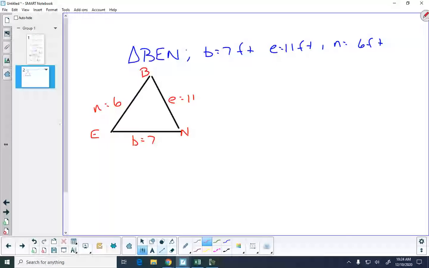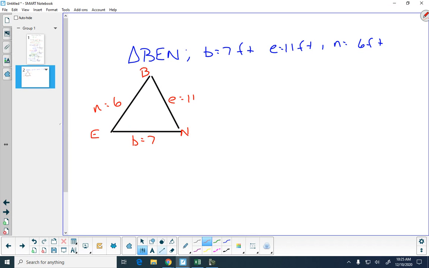And we want to calculate angle B and angle N. Well, to be able to calculate the angles, if I know all 3 sides, the only thing I could do is use my law of sines or law of cosines. Because for the law of sines, I would need to know an angle and the length of the side opposite.